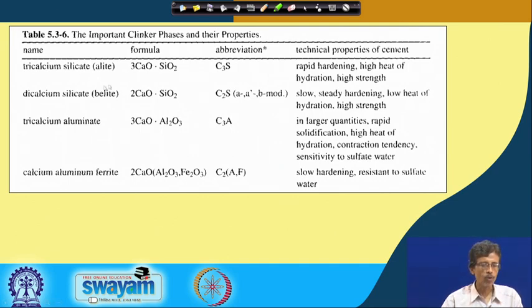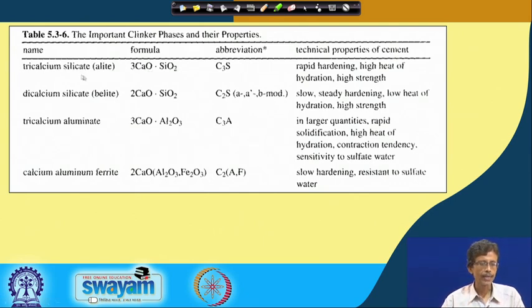The chemical formula is an abbreviated form, not the full chemical composition. We write it as 3CaO·SiO2, where the center dot is not a full stop and not a decimal point. That means a composition where you have 3 moles of calcium oxide mixed with 1 mole of silicon dioxide, which is nothing but silica.